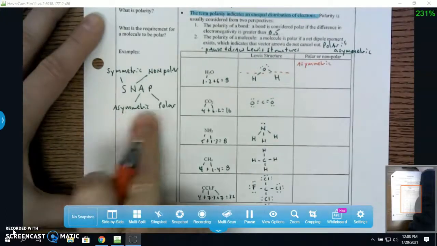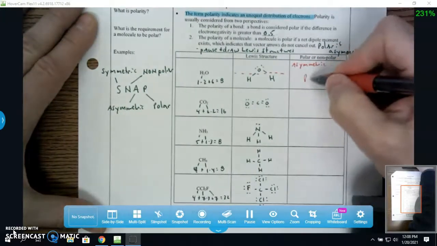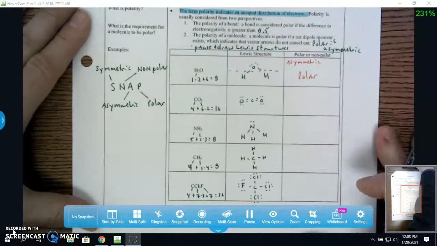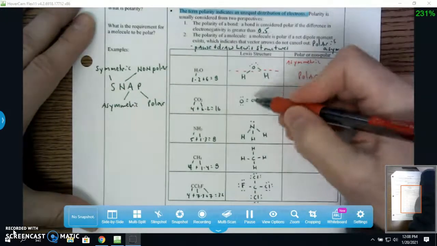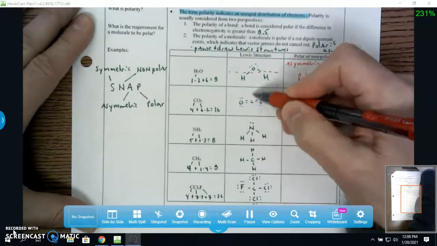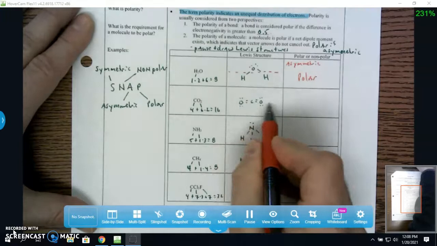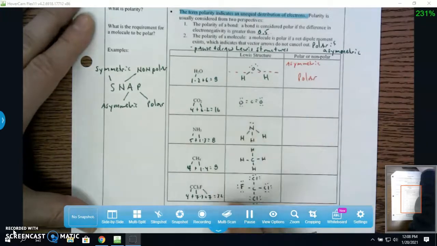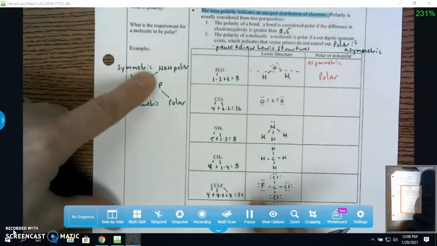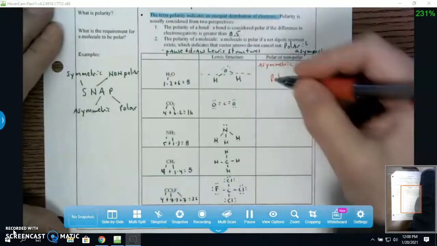And since it's asymmetric, it's polar. Okay? If I split it in half this way, the left and the right are the same. If I split it in half this way, the left and the right are the same. So this is symmetric, therefore it's nonpolar.